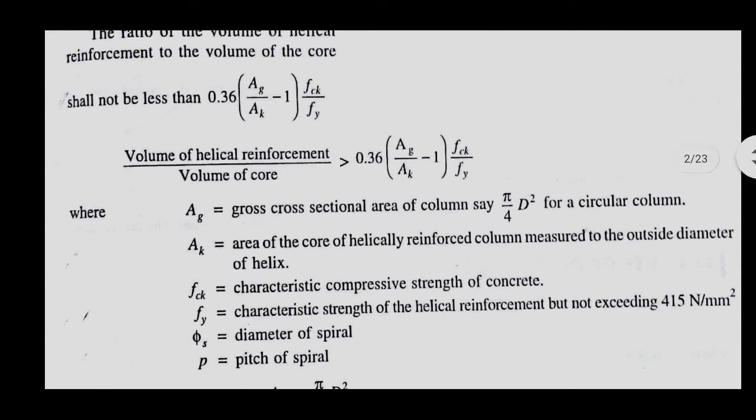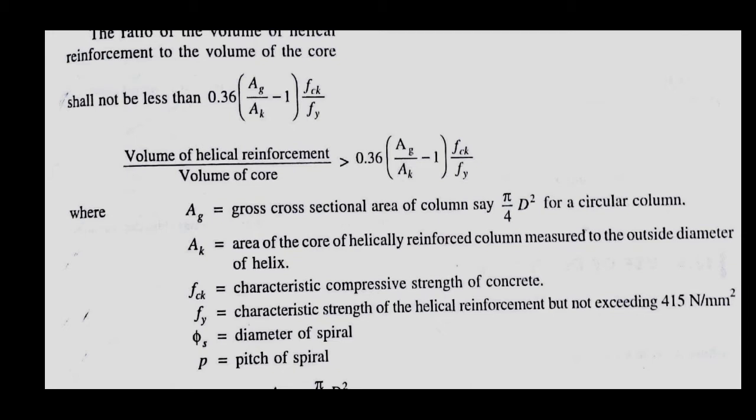Ak or Ac, whatever you want, you can write. It is the area of the core of the helically reinforced column measured to the outside diameter of the helix. So it is measured to the outside diameter. fck is the characteristic compressive strength of concrete. fy is the characteristic strength of helical reinforcement, but not exceeding 450 Newton per millimeter square, as we read earlier. phi is the diameter of the spiral, and small p is the pitch of the spiral.